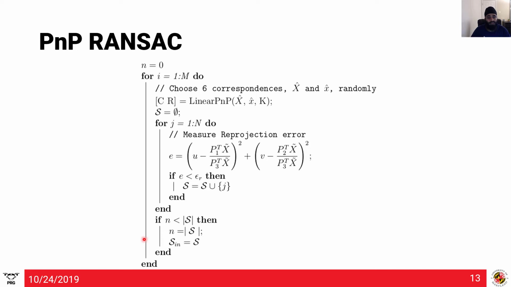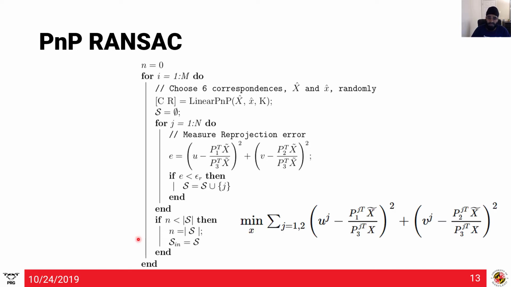Just traditional RANSAC. This is what was there in my nonlinear triangulation, so you can compare these two. These are both measuring the reprojection error, so it's kind of the same thing but for PnP.